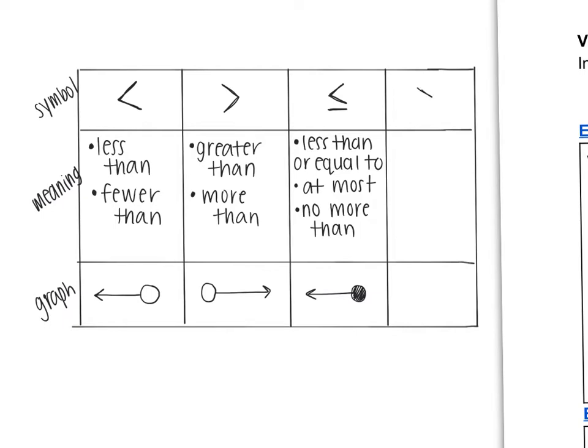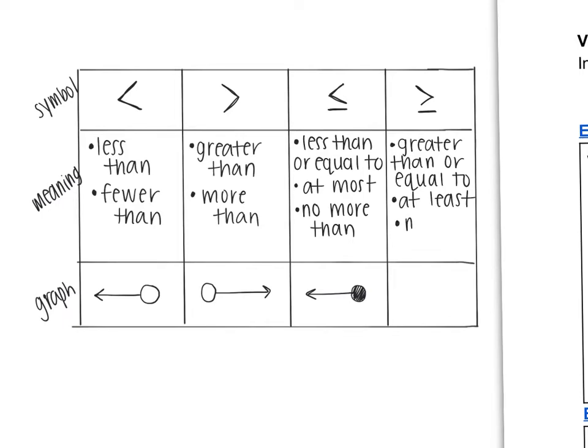And our last symbol is greater than or equal to. So let's write that. That's greater than or equal to. And you might hear at least when we're talking about greater than or equal to. If I say at least, that's greater than or equal to.